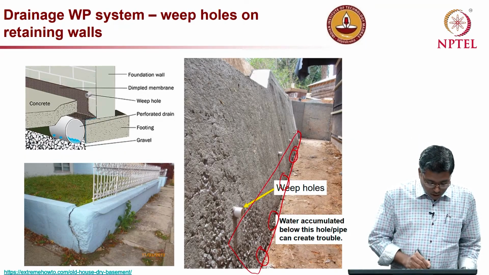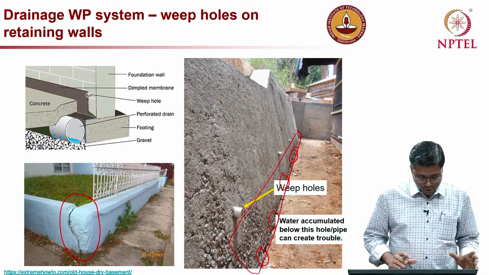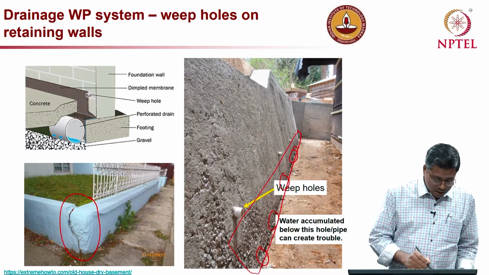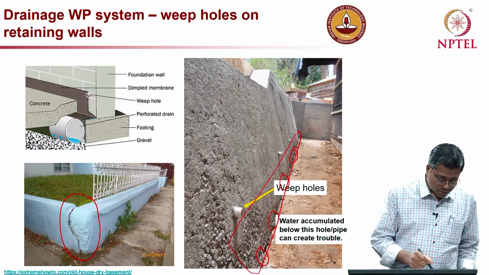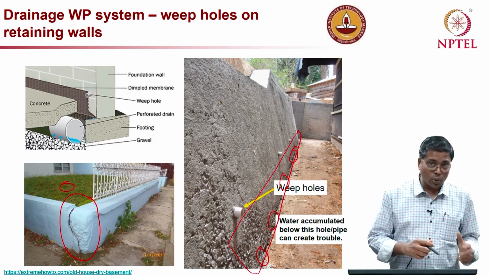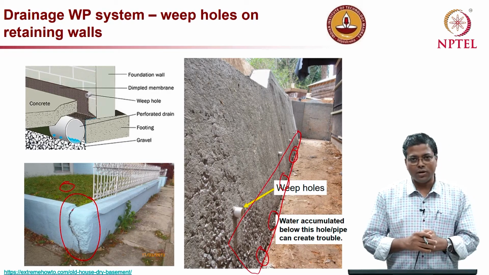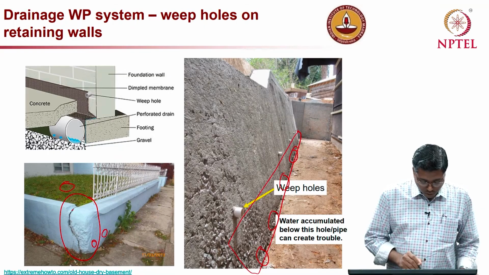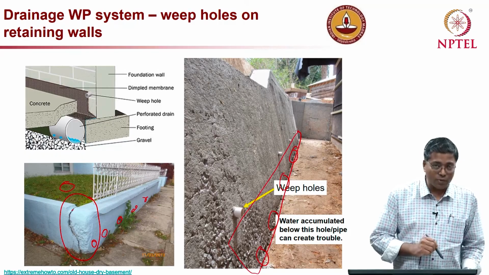Now, I just wanted to explain something that can actually happen here. What you see is cracking over here, right. This crack is probably due to the hydrostatic pressure, or maybe the soil here is swelling when water gets in, or whatever be the root cause. If we were providing weep holes on this, probably this cracking would not happen.